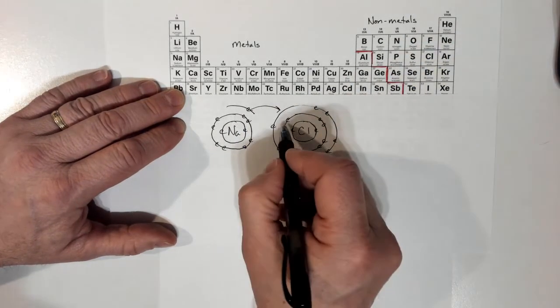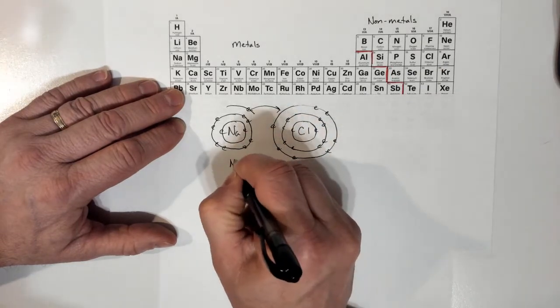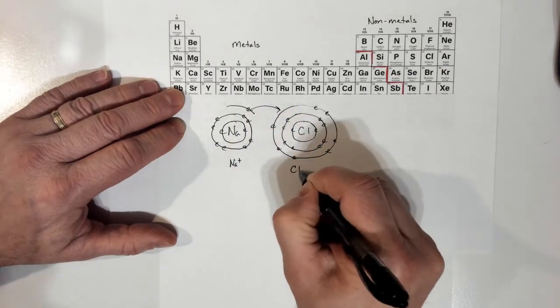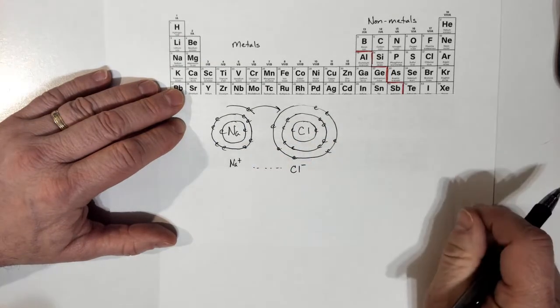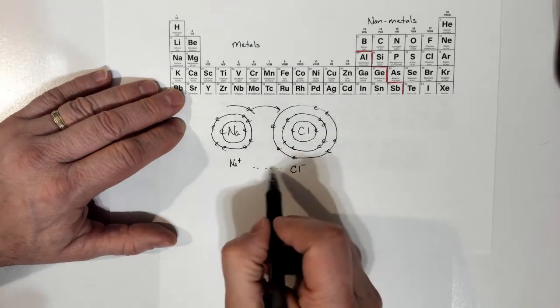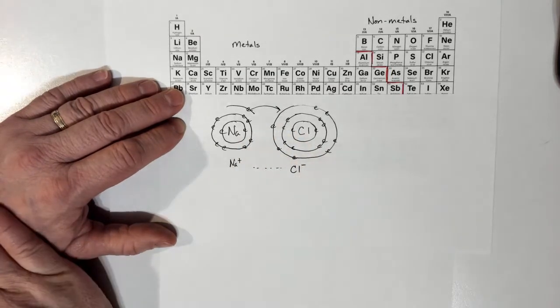So it would love to take it. So these transfer. Sodium then becomes positive, chlorine is now negative with the extra electron, and then they attract each other and pull together. So that's called an ionic bond because the atoms are actually charged and formed ions.